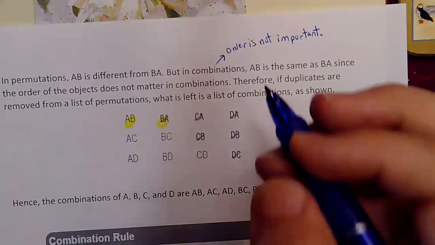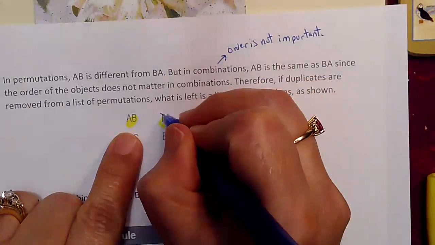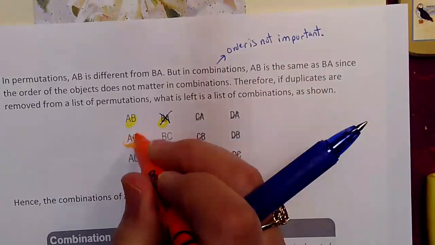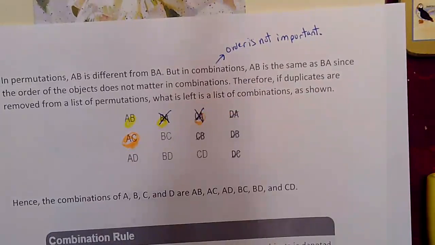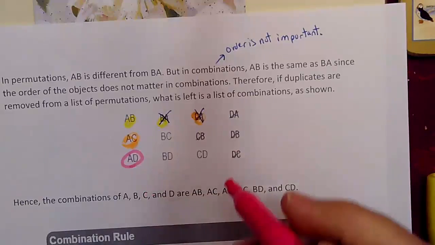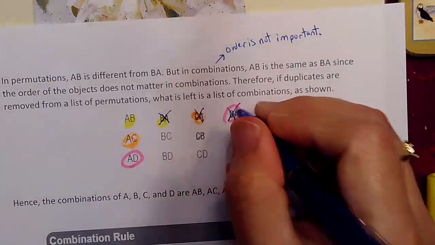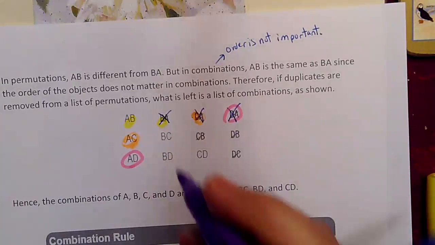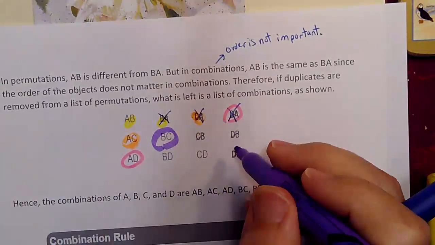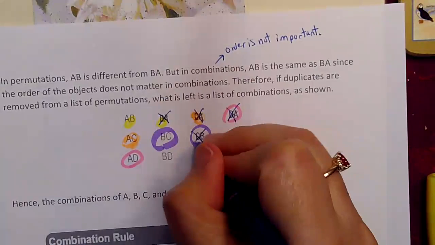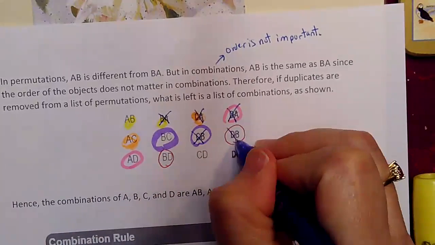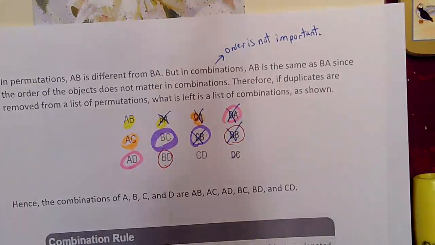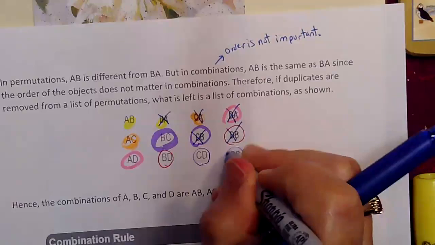So you see here AB, they're removing BA, and you see here AC, they're removing CA, and you see AD, they're removing DA, and you see BC, they're removing CB, and then you see BD, they're removing DB, and then you see CD, they're removing DC.